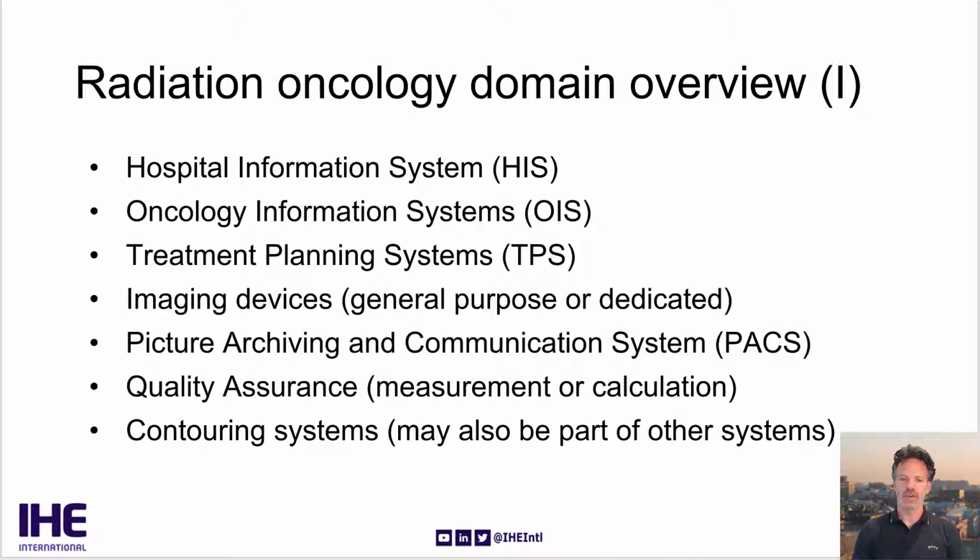And there are many different devices for quality assurance, and there's also contouring systems. Now, contouring is an activity that can be performed inside the treatment planning system or inside the oncology information system, sometimes inside the PACS or in a separate system. But it's a thing that's provided by many different vendors and systems.